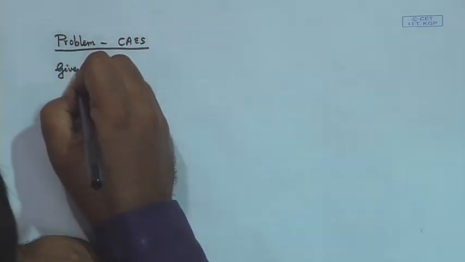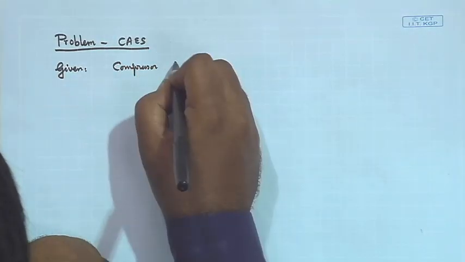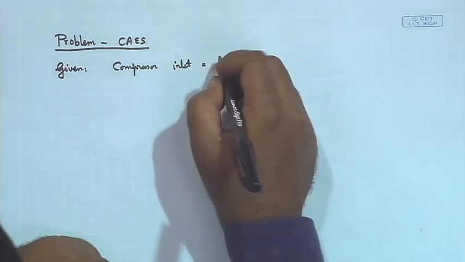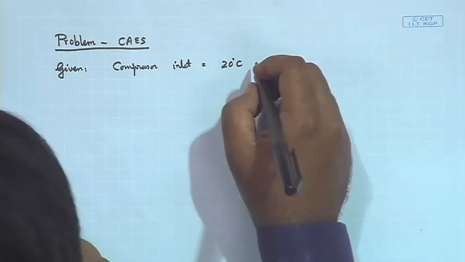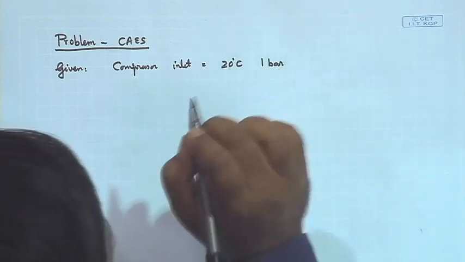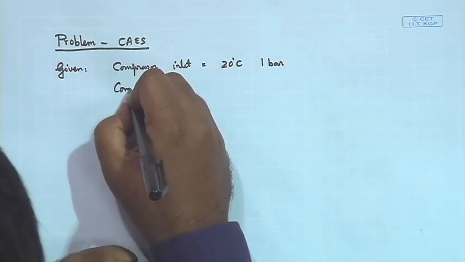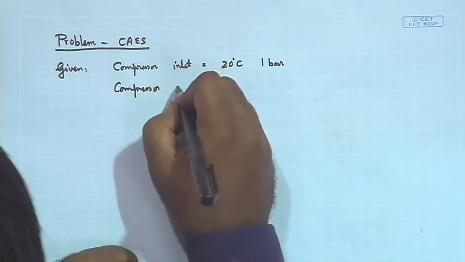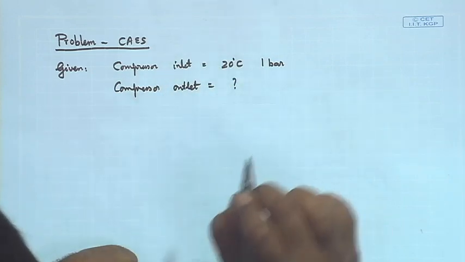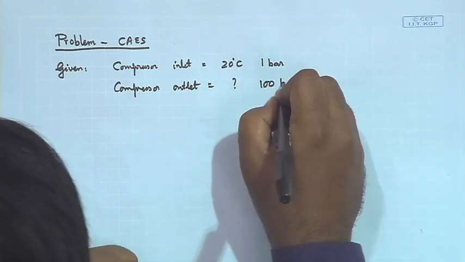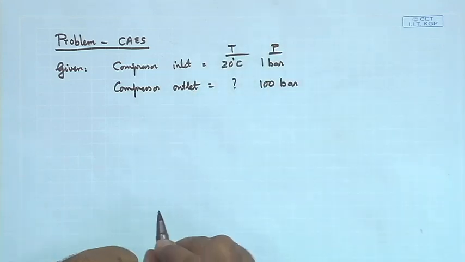Given is the compressor inlet: 20 degrees centigrade and 1 bar, or 1 atmosphere. Compressor outlet: the temperature is not known, what is known is it is at 100 bar. This is temperature, this is pressure.